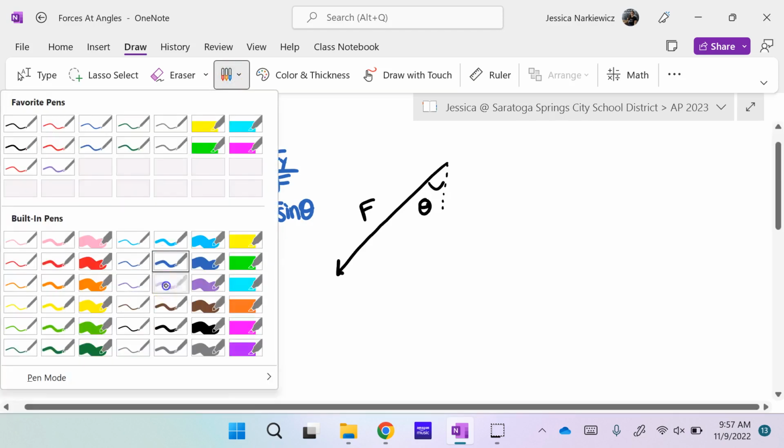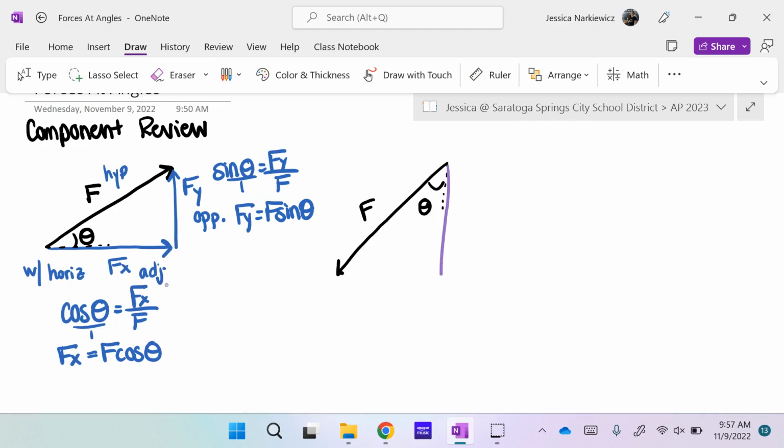Now in this other example, the angle is considered with vertical. It's with the vertical side of the triangle. That's going to change how I find Fy and Fx, because now Fy is adjacent to the angle and Fx is opposite. So now for Fy, I'm going to use cosine.